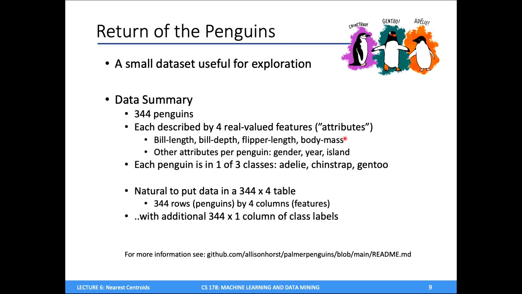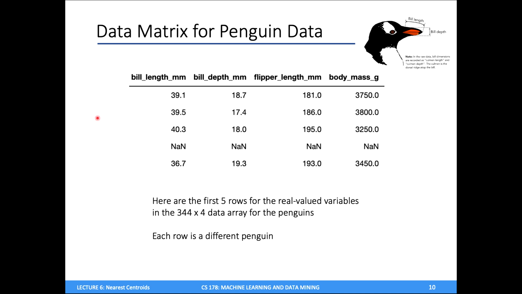And this is a classification problem because from these attributes of our penguins, we'd like to somehow predict what species of penguin we have. So our penguins could be Adelie penguins, chinstrap penguins, or gentoo penguins. So we've got a 3-way classification task here. And this is maybe the first few rows in our data matrix of penguins, just to give you a sense of what this data looks like.